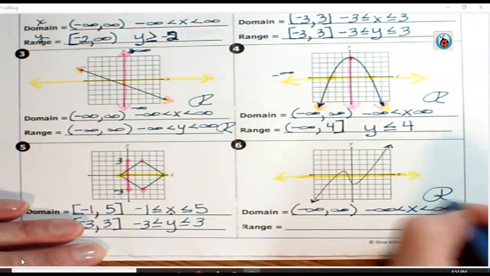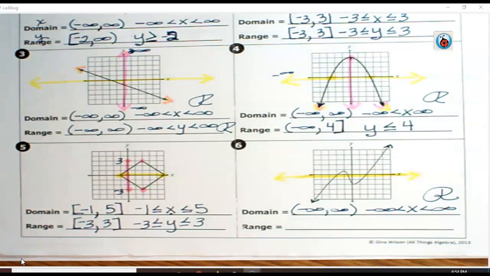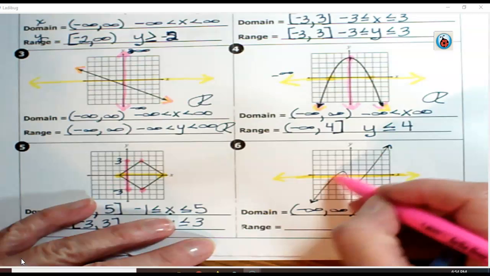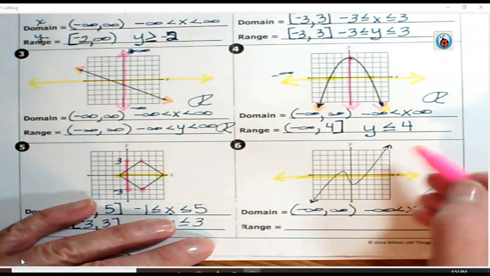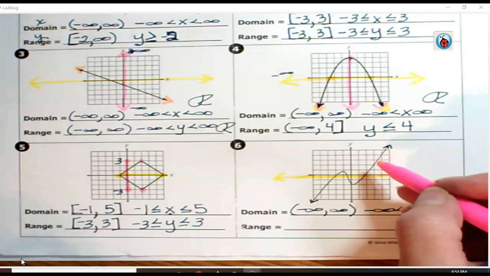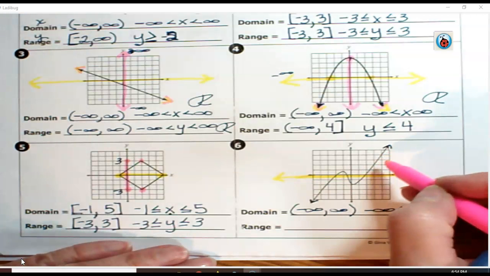That's all real numbers. Okay, now this is a little tricky on the y one because you think that it's going to keep going, and on this particular one, it does keep going. So you have to kind of look at the way it goes. Sometimes when they have arrows, and you'll see one that we do in the next video because I'm going to stop here after we do this problem so I can flip it over.